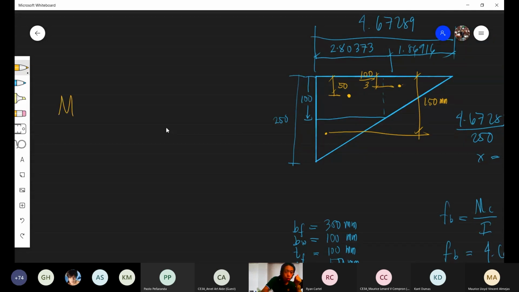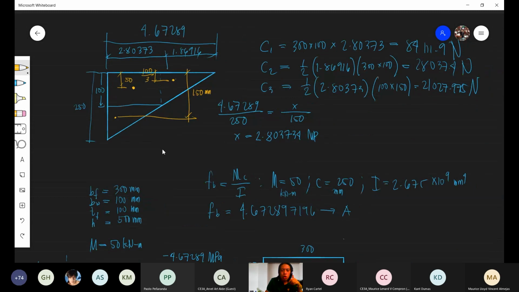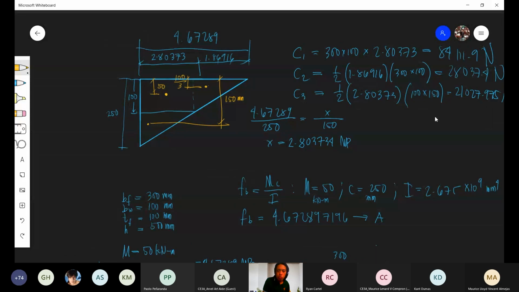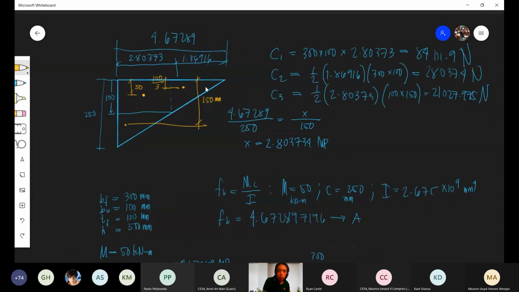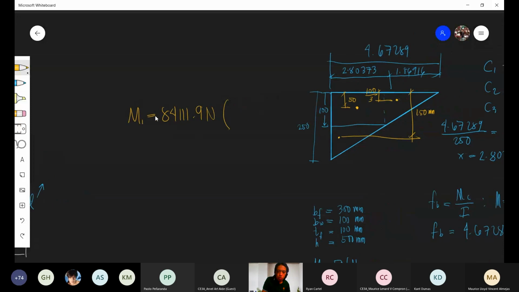The moment of couple 1, M1, is equal to C1, of the same magnitude at the bottom, 84,111.9 Newton, multiplied by its distance from the other.